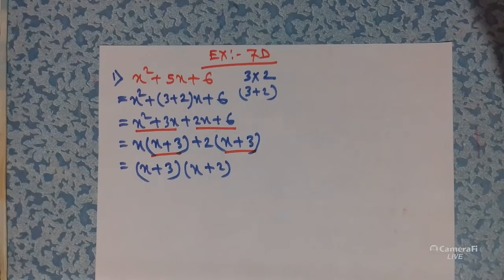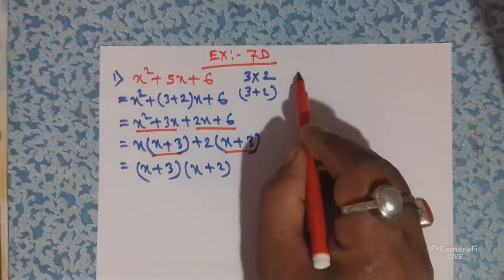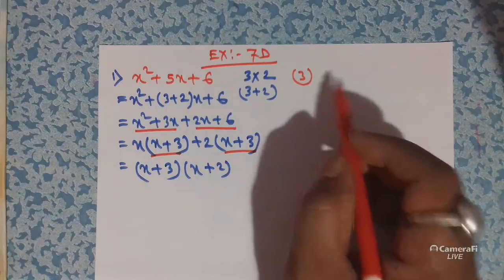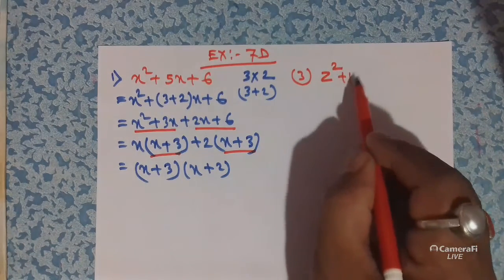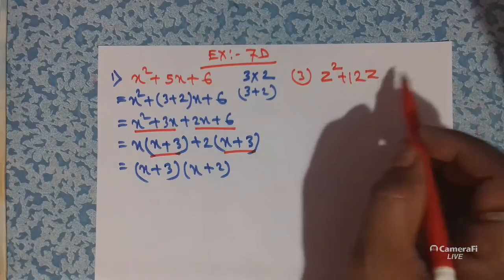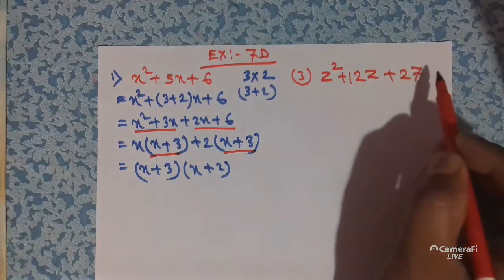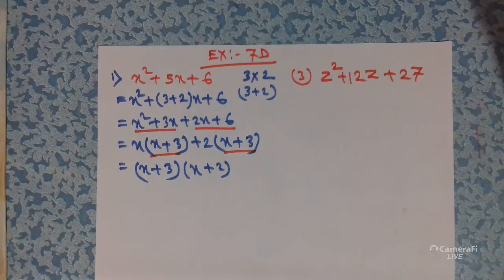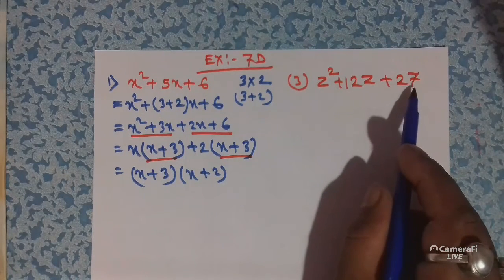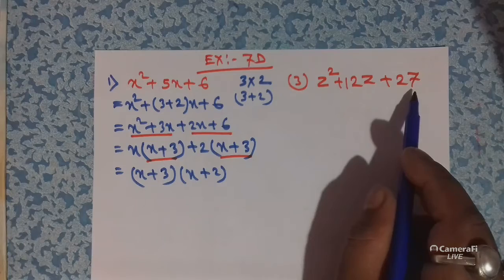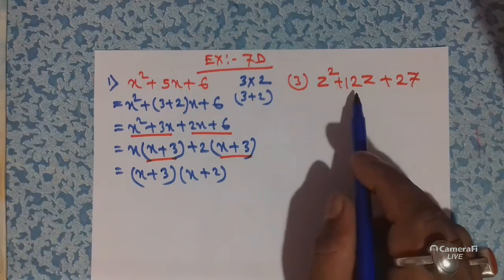Next, I will show you another one, problem number 3. z square plus 12z plus 27. So we have to choose two numbers whose product is 27 and sum is 12. If we take 9 and 3, because 9 3s are 27, so 9 into 3 is 27 and 9 plus 3 is 12.